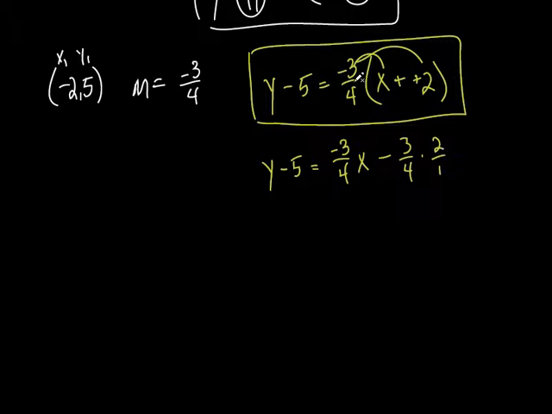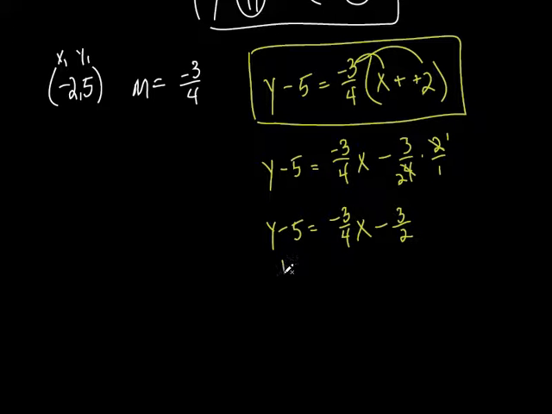I just distributed this through. Y minus 5 equals negative 3/4 x minus, and the 2 cancels with the 4, so we get minus 3/2.